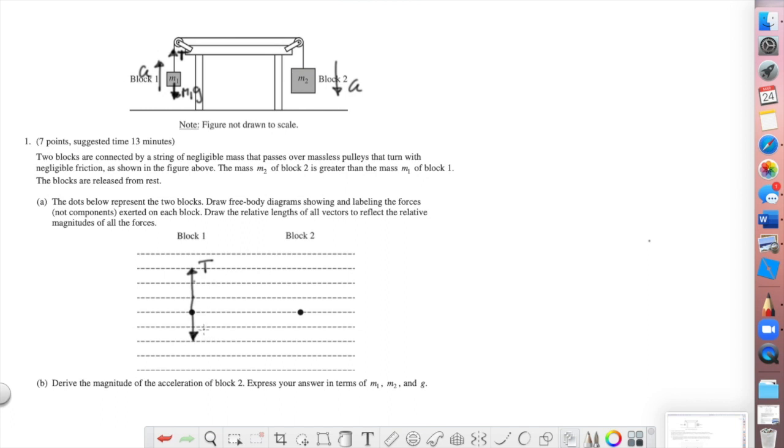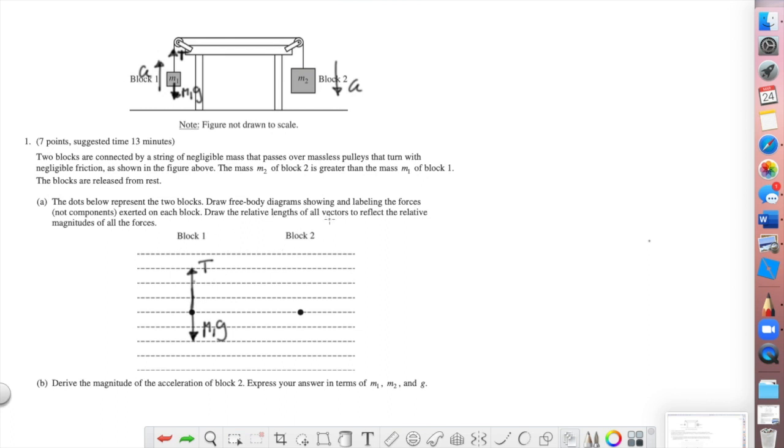So I'm only going to draw that 2. We'll label that m1g, which is the equation for force of gravity. The key thing here is that the upward tension is greater than the downward force of gravity, which allows for an upward acceleration, which is what we know block 1 is going to do.